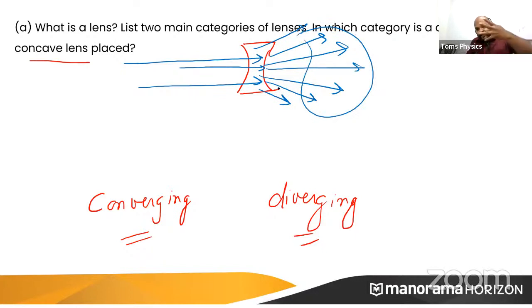Once they are refracted through the lens, they are going in different directions, right? The rays will never meet in real space, but they seem to meet in virtual space. So this will be a virtual focus. This is what we call a virtual focus.